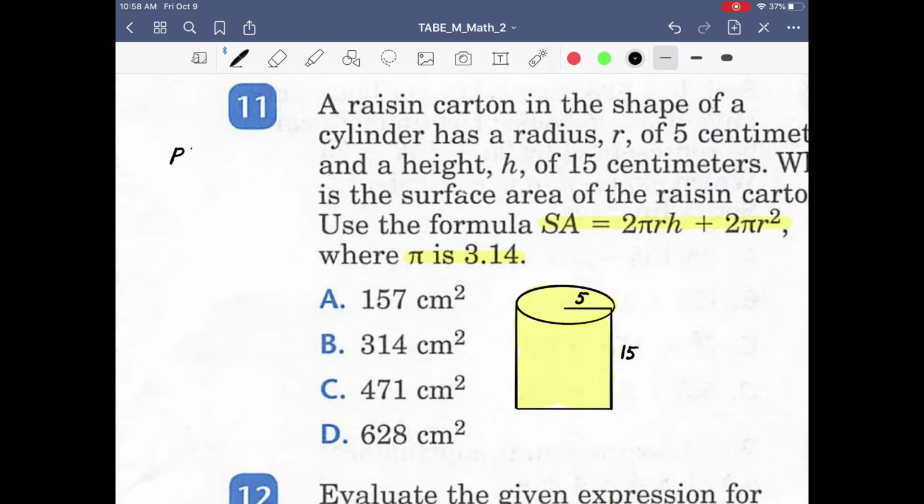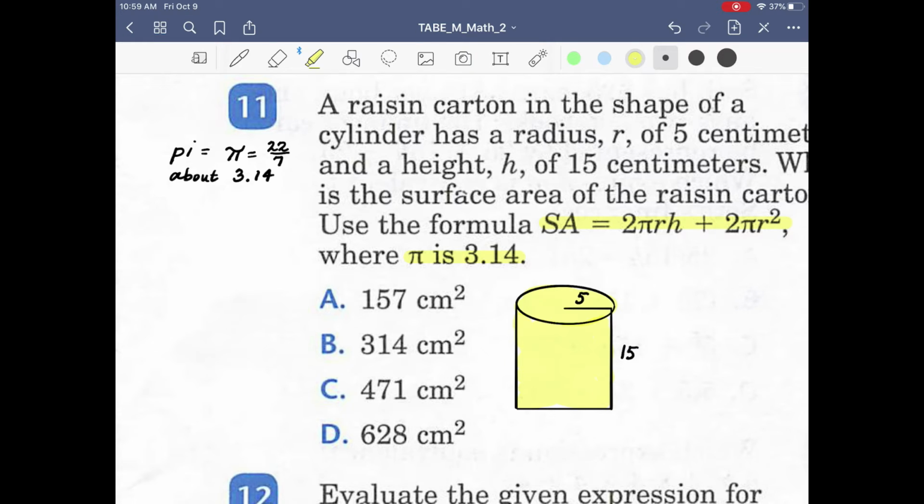So P-I, pi, is this Greek symbol. And it is approximately, well, let me give you the fraction. It is exactly 22/7 in fraction form, or about 3.14. So if you've never seen pi, I'm not going to get into that a lot today, but at least to know what that is is a good idea.